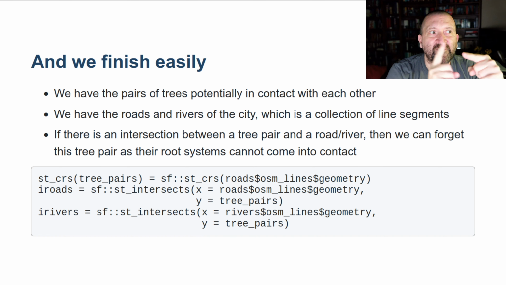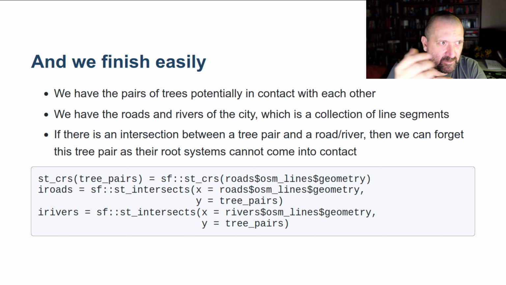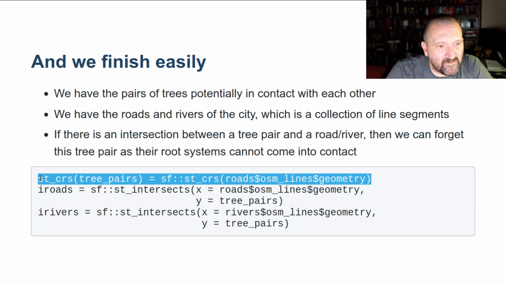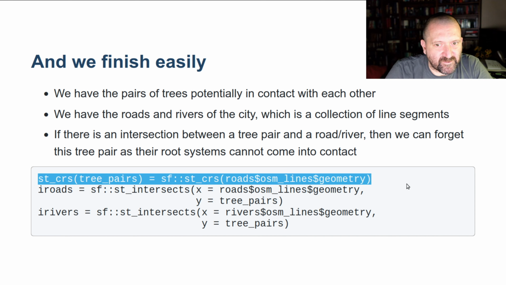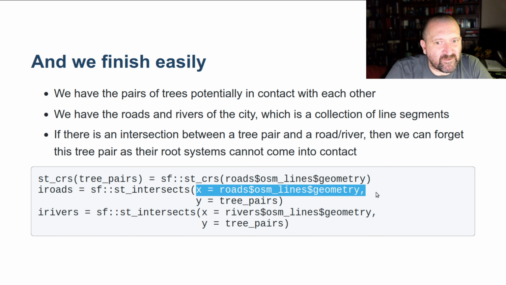If there is, the pair of trees is on both sides of the road, and therefore they're not connected through routes. If there isn't, they are on the same side of a road and they can be connected. This is simply done by looking for intersections. So this very simple command here looks for intersections between the tree pairs that I've just made and roads.